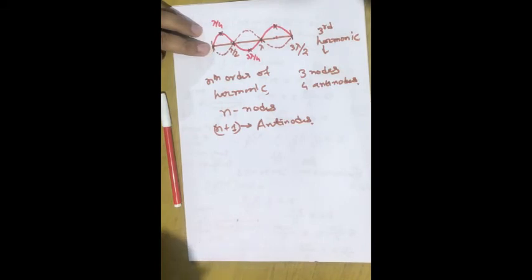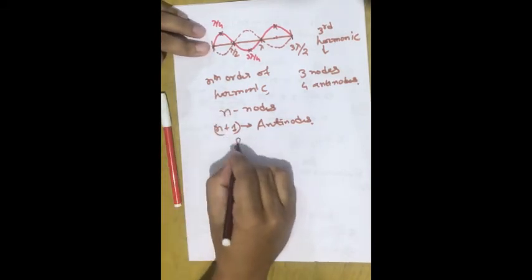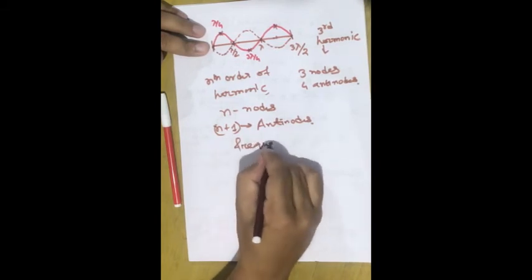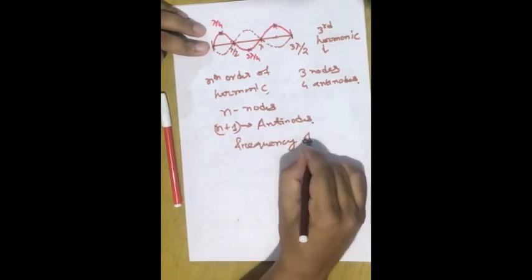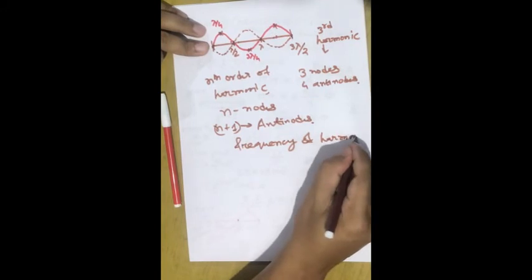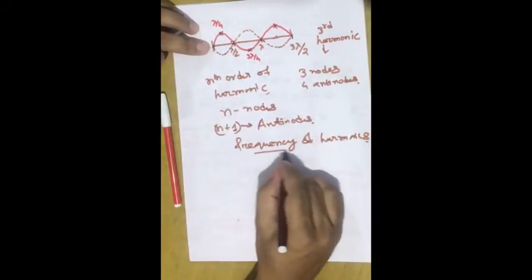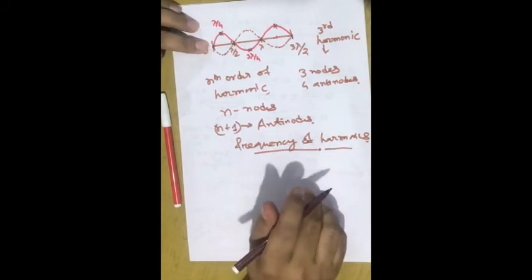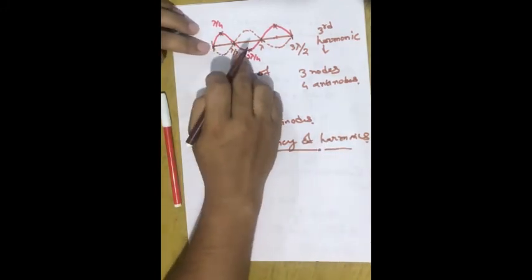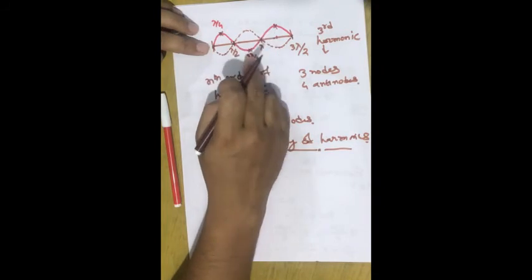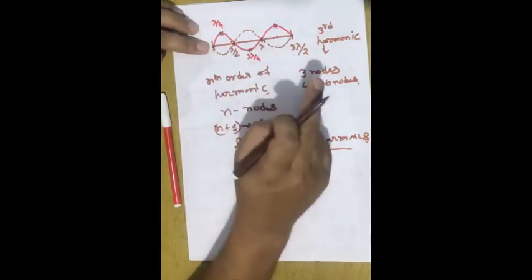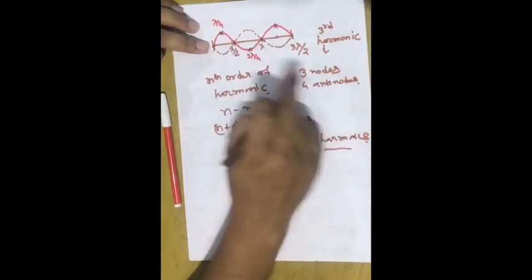Okay, for that you have to choose a particular frequency, and that is known as the frequency of harmonics. You have to oscillate that end of the string with this particular frequency, that is the frequency of harmonic, and then what you can see is the excitation of such kind of an nth harmonic standing wave on the string.